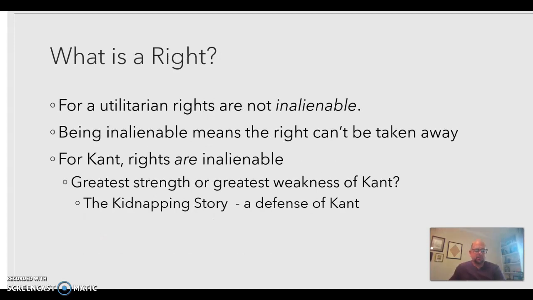So the next topic is, what is a right? So utilitarians talk about rights, but I think for a utilitarian, what a right is is just something we take really seriously. So if I have a right to my property, that means that's a really strong interest in keeping my property. But for utilitarianism, there will always, at least possibly, be some condition under which I could take away your property.